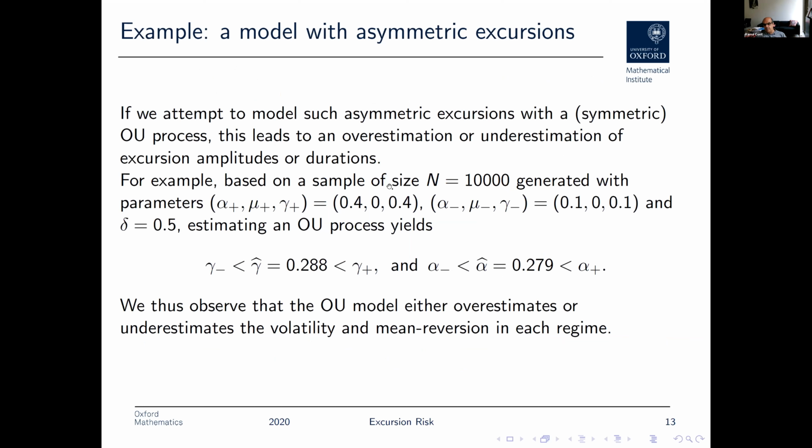So if you estimate an Ornstein-Uhlenbeck process on this path, then of course you're going to estimate some parameters, and you're going to estimate that the mean reversion of this entire path is 0.27, which is like an average of the two phases, between 0.1 and 0.4.